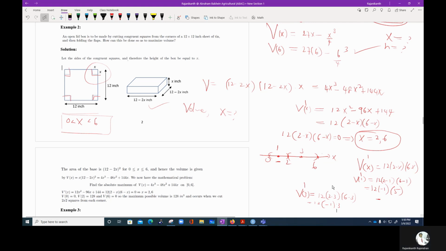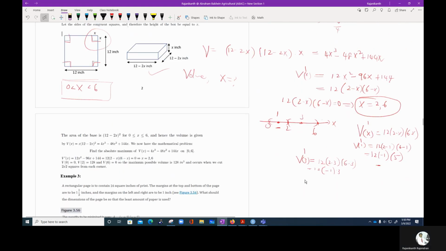So again, when you evaluate for 1, 2 minus 1 is supposed to be 1, right? So this should be positive. Now you are good. So this is positive slope, this is negative slope, so the function should have a maximum at 2, right?